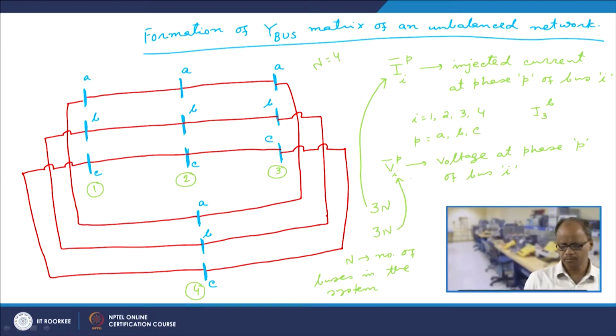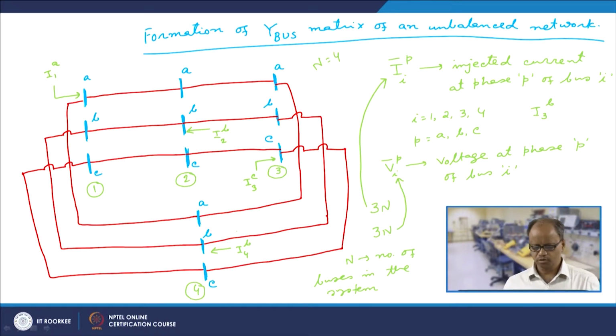For example, here I will say it is I1A, similarly here I1B, I1C, and similarly here I2B, I3C, and here I4B, and so on and so forth.